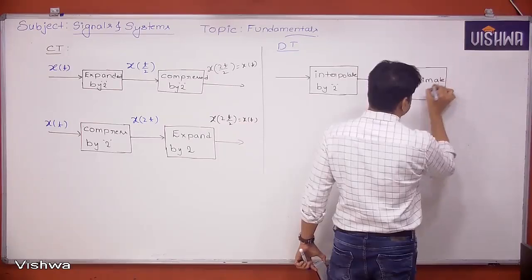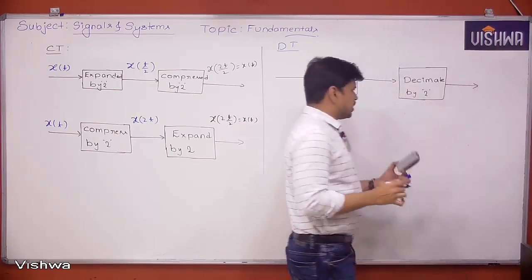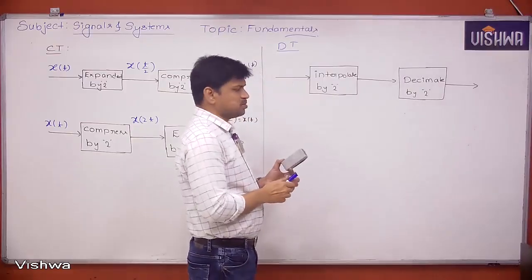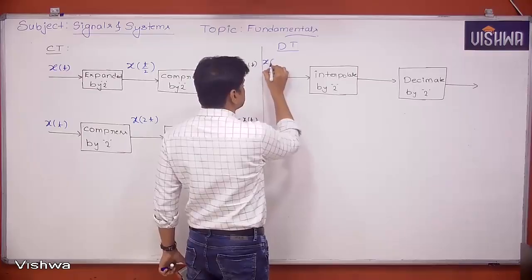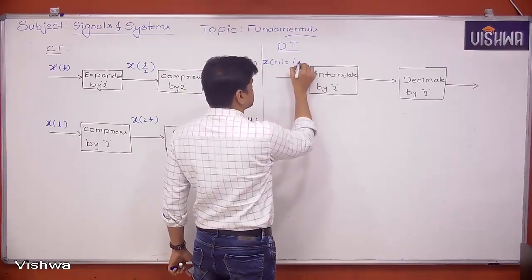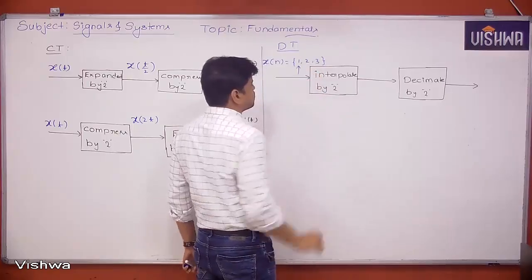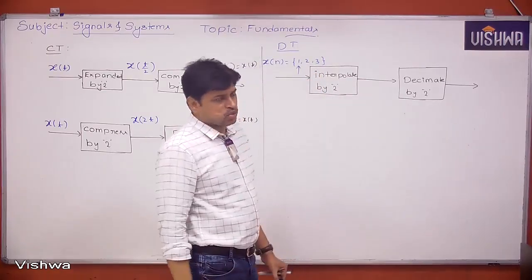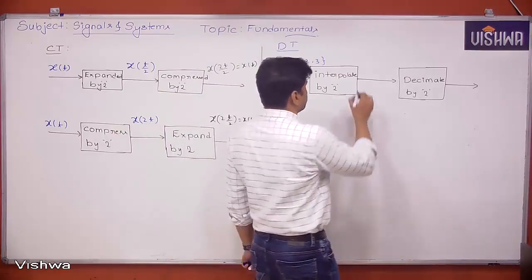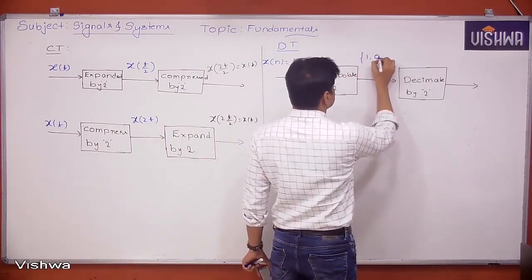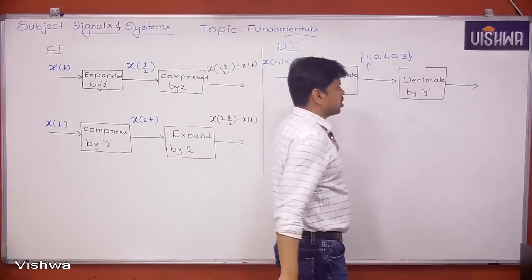Next, decimate by 2. To understand this, I am not taking just x of n, but one example so that it is simpler. Let's take x of n, which is 1, 2, 3, with the arrow at the 0th sample. If I interpolate by 2, that means we have to insert one 0 between the samples. So what are we going to get here? 1 0 2 0 3. That is the output of the first block.